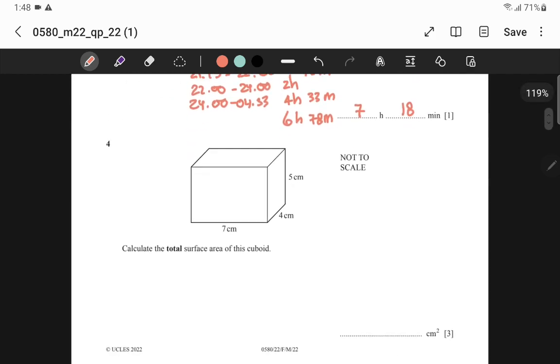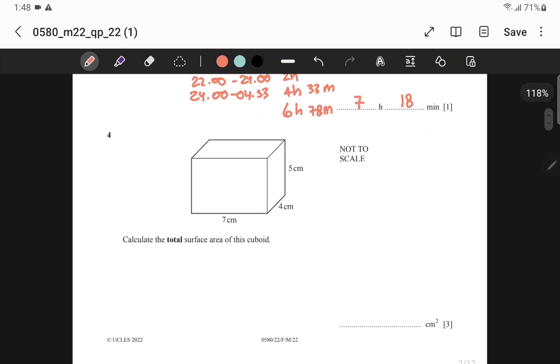Okay, the total surface area of this cuboid. The formula will be 2 times length times width plus length times height, and then width times height. So 2 times length times width, 7 times 4, plus 7 times 5, and then plus 4 times 5, right?